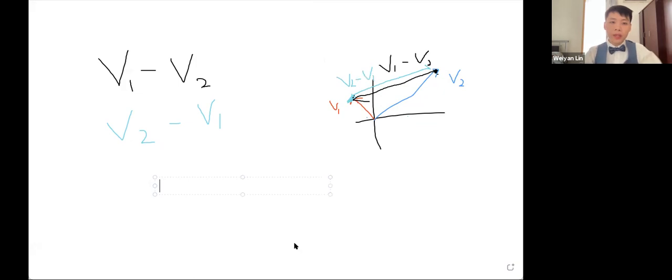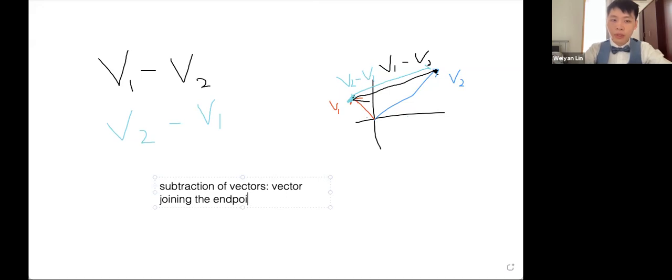Okay, to sum up, the subtraction of vectors means that you get the result as the vector joining the endpoints of these two vectors. All right.